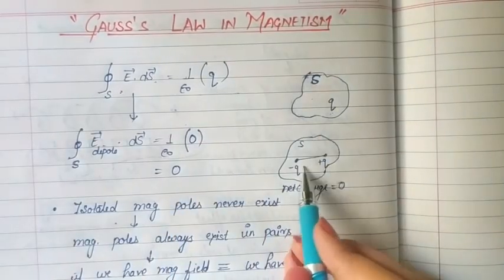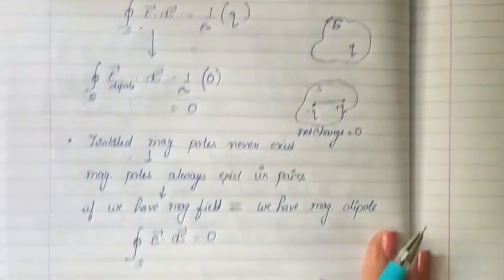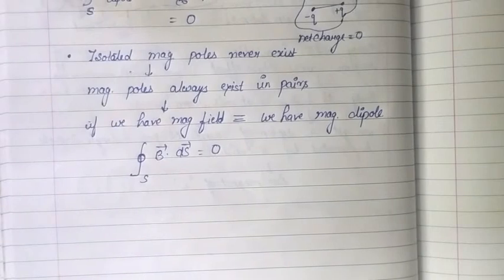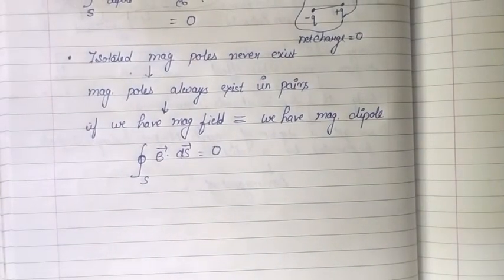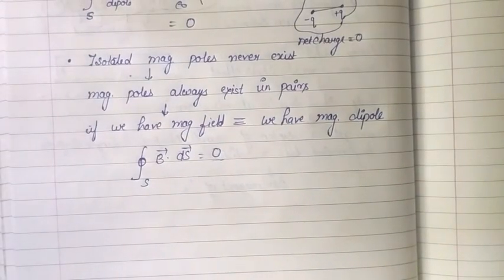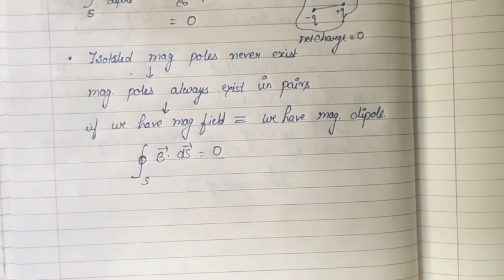If we have a dipole, then the net charge is 0 and it becomes 0. But in case of magnetic field, we always have a dipole, a monopole never exists, so this value remains 0 all the time. So this is called the Gauss law in magnetism, which states that the surface integral of a magnetic field over a closed surface is always 0.